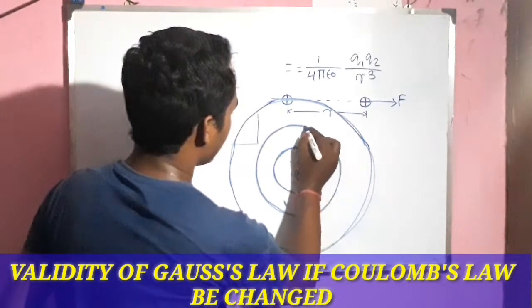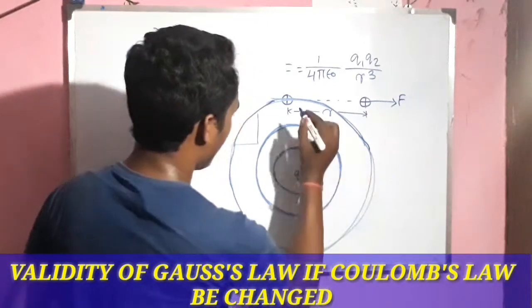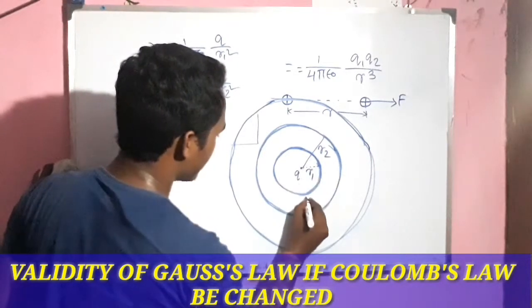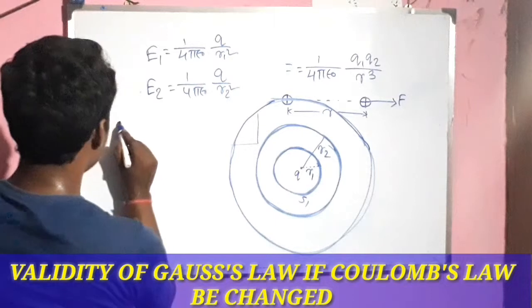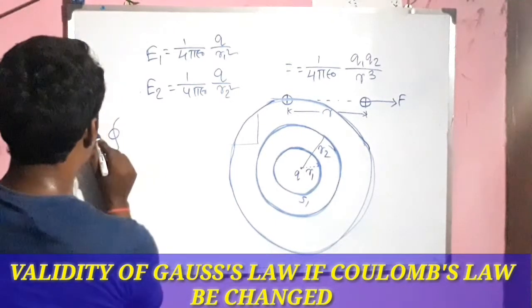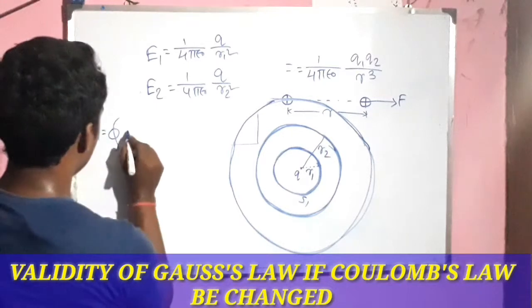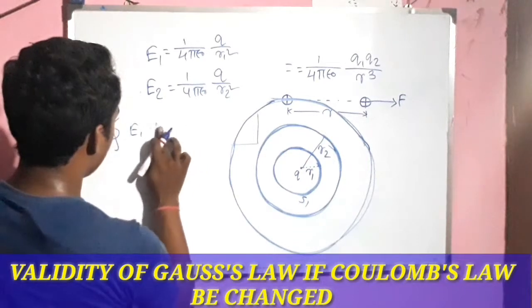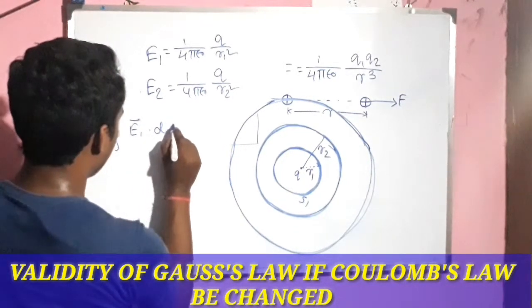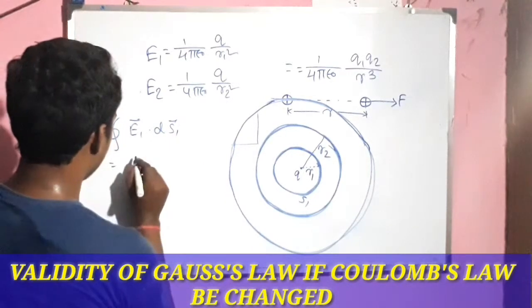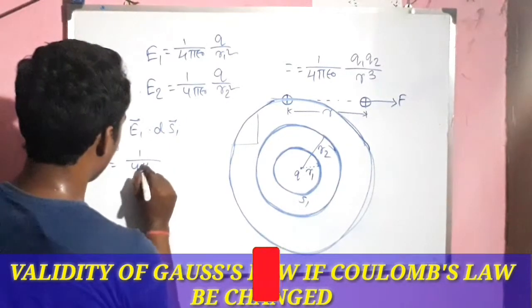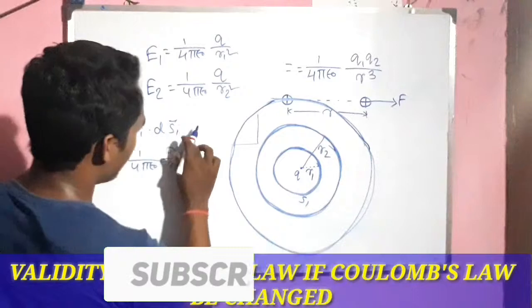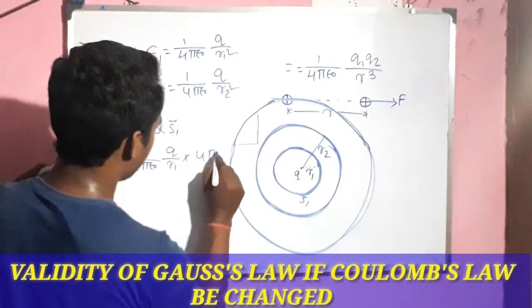Now if I apply Gauss's law on these two surfaces, what happens? First I apply Gauss's law on this surface, say S1. The flux phi 1 is equal to E1 into the surface area, that is, 1 by 4 pi epsilon naught q by r1 square into the total surface area 4 pi r1 square.